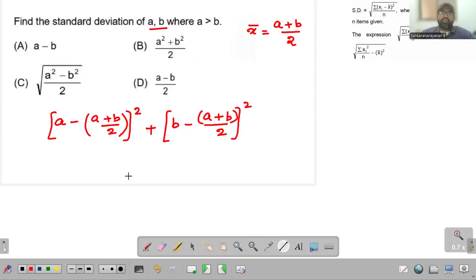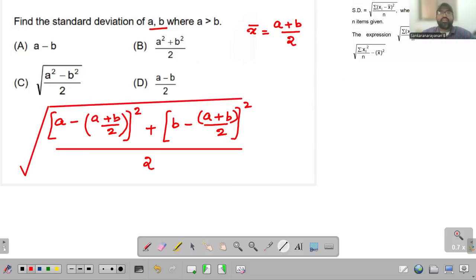Now you find the arithmetic mean of these two values: this square plus this square, the whole divided by 2. Then you take the square root of the value you just calculated. This will be nothing but the standard deviation.